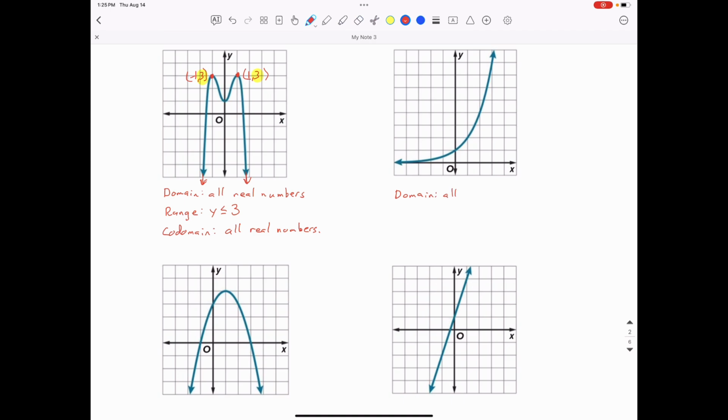Yes, there are times when the domain is not all real numbers. We will see some here coming up. But in this case, you can definitely see it's going to the left, and it is slightly angled up and to the right, so it is expanding all the way to the left and all the way to the right to all numbers in existence, so the domain is all real numbers.